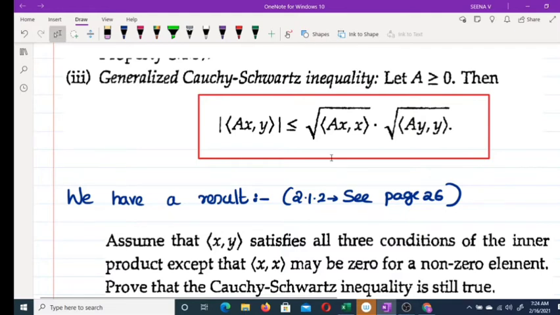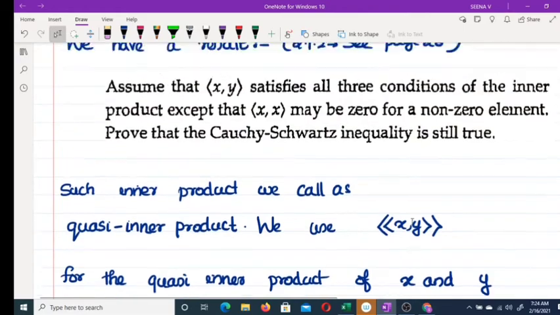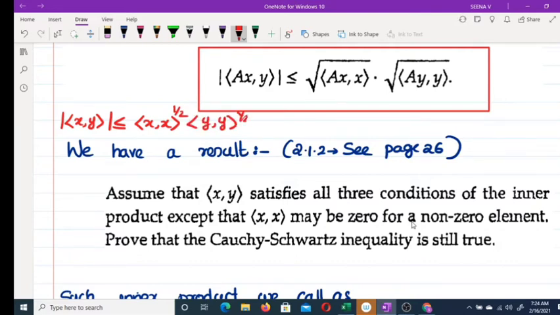Just to recall what our inner product was, the Cauchy-Schwarz inequality: modulus of inner product of xy less than or equal to inner product of xx all raised to 1 by 2 into inner product of yy all raised to 1 by 2. This was our Cauchy-Schwarz inequality.